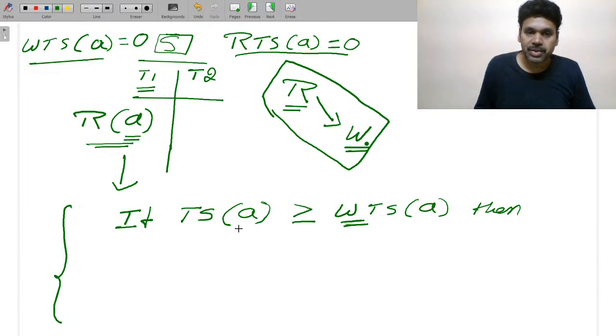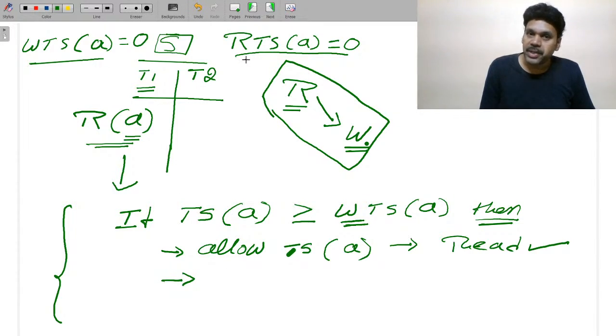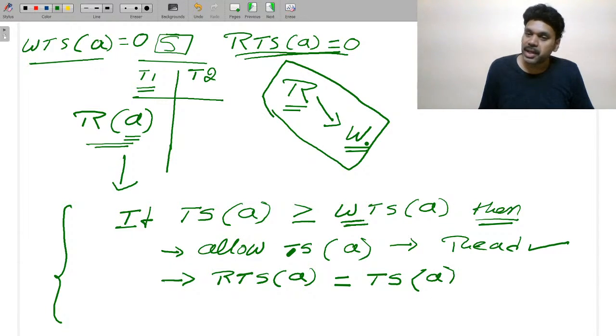Therefore, friends, observe carefully. If this is satisfied, then we can say that the transaction is permitted to perform the read operation on A. So read is permitted. When the read is permitted, then immediately you have to update your RTS value. So RTS of A is equal to the timestamp of the requesting transaction. As you are doing a read operation, the read timestamp will be updated.